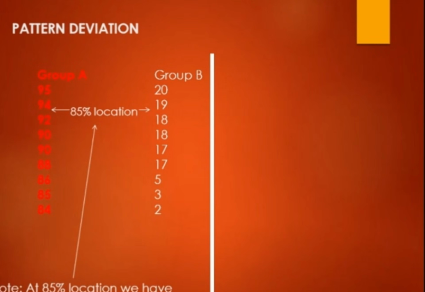At the 85% location, the normal should be 94. Group A is representing the normal, of course, and group B is representing the sensitivity of the patient. So at the 85% location, the machine subtracts the abnormal from the normal. We'll have 94 subtracted by 19 to give us 75%.